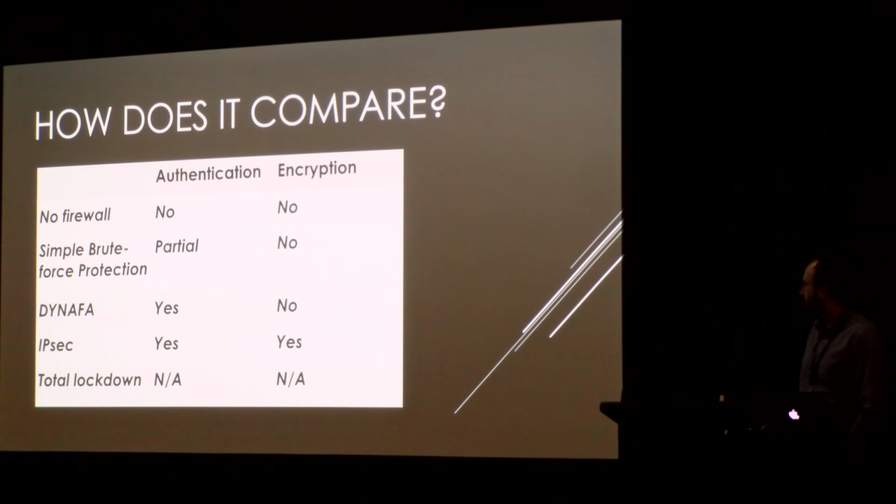If you do a comparison between having no security whatsoever and having basically no in or out, you have some simple brute force protection. So maybe you use some recommended method of adding someone to a blacklist if they're sending too many new SSH packets to form new connections.